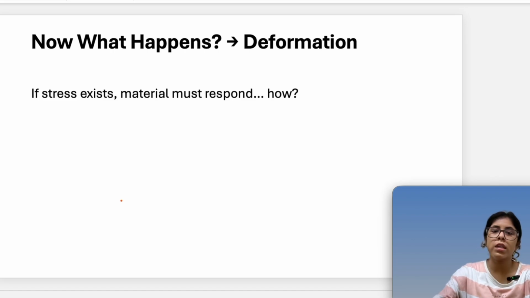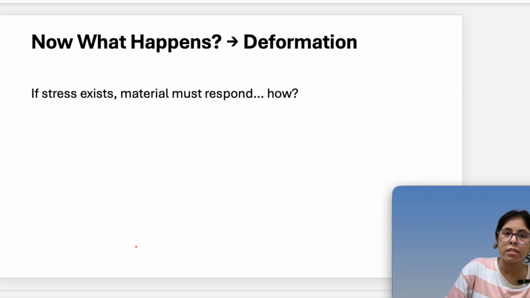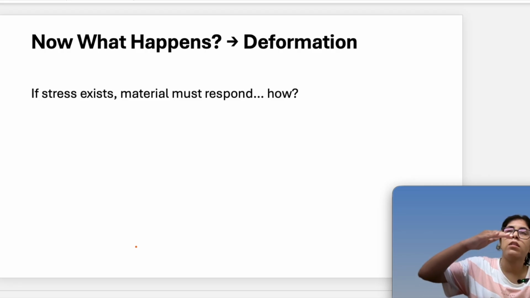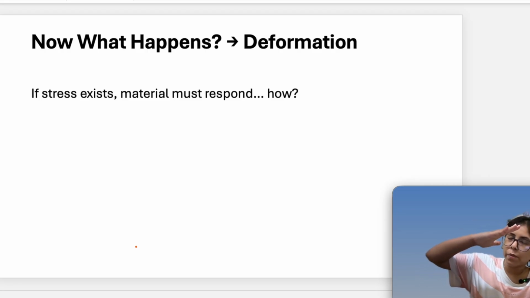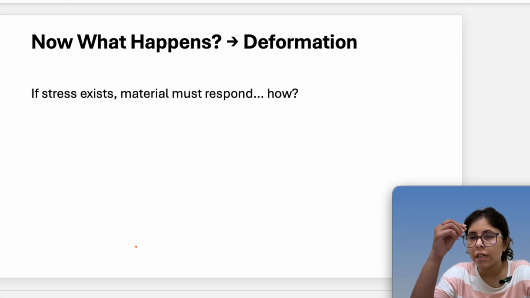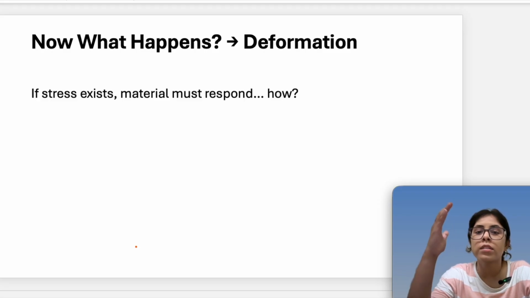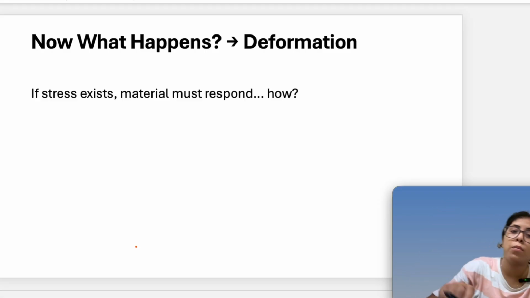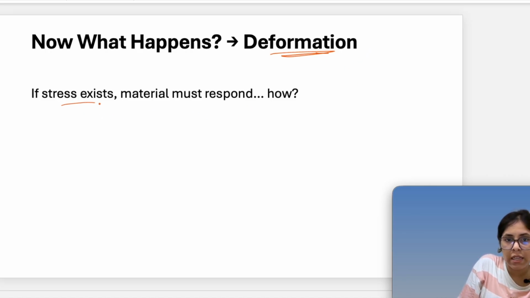That's why you see in RCC structures, the roof of the structure, after some time you'll see a little bending in it, and little cracks can be generated. So there is prolonged stress on the body, and due to that the body deforms, right? So if stress exists, the material must respond. How does the material respond? By deforming.